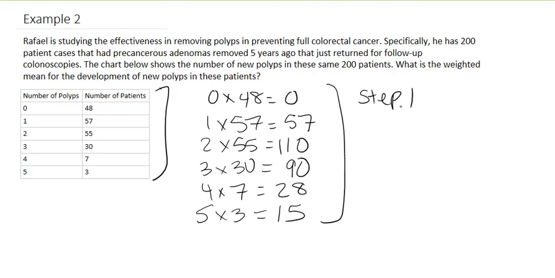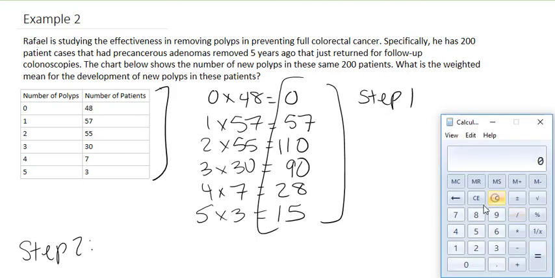Now, step 2 is we're going to add all these numbers together that we just got. So, we have 0 plus 57 plus 110 plus 90 plus 28 plus 15, which is equal to 300.